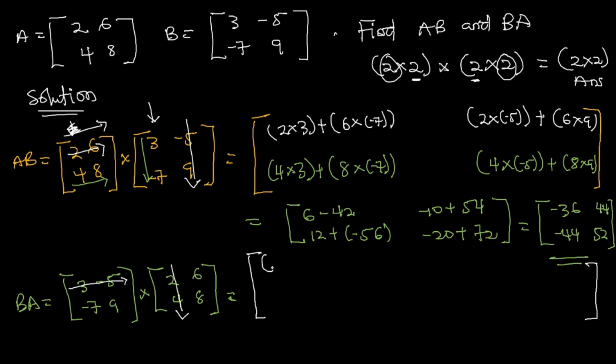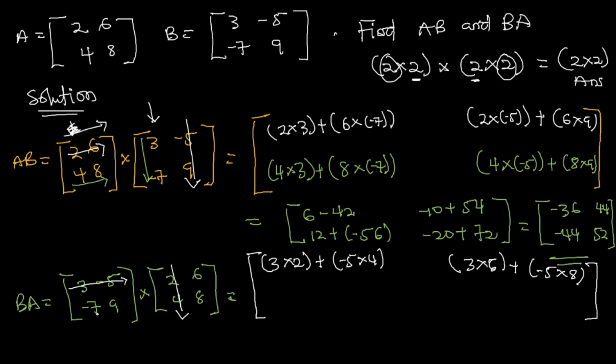So we have 3 multiplied by 2, plus negative 5 multiplied by 4. Then we use the same row with the second column, so 3 multiplied by 6, plus negative 5 multiplied by 8.